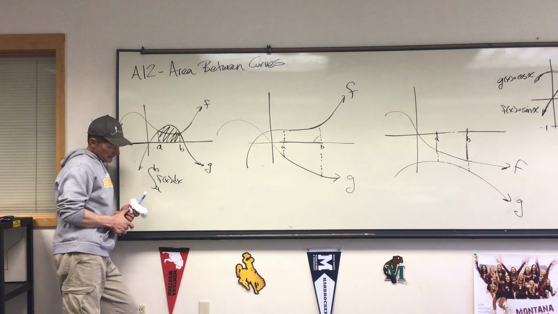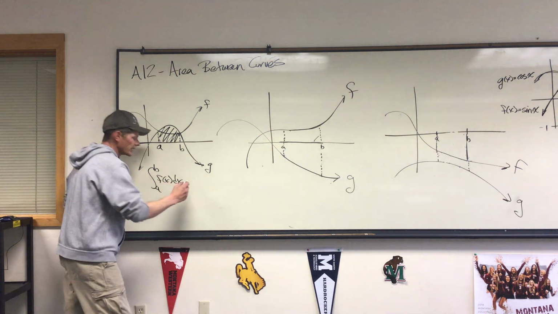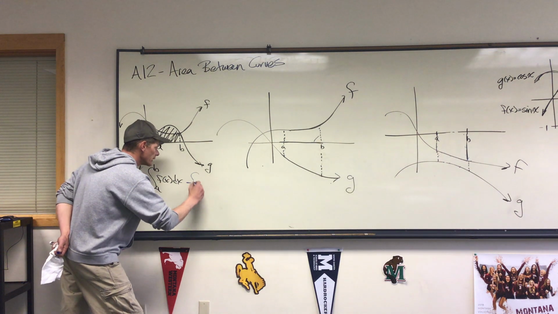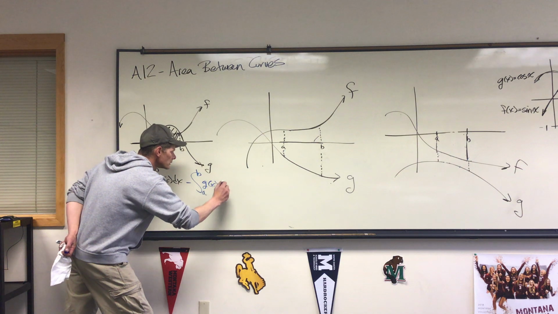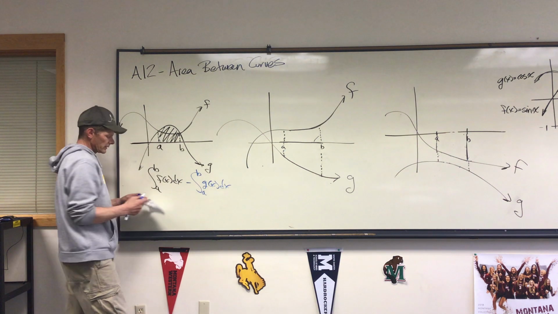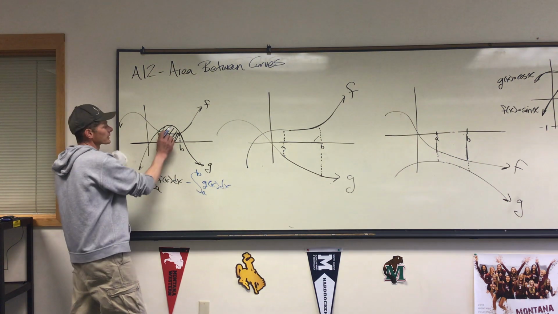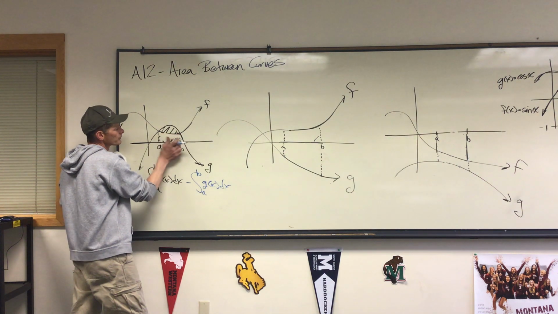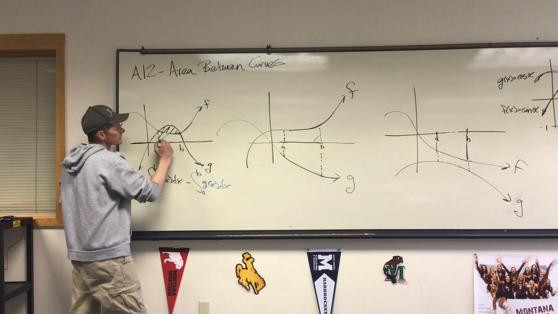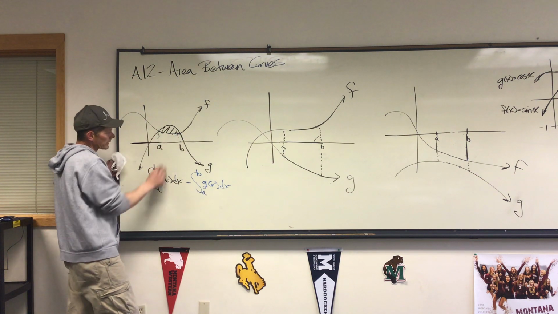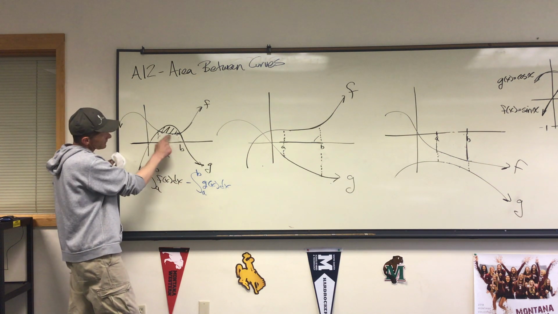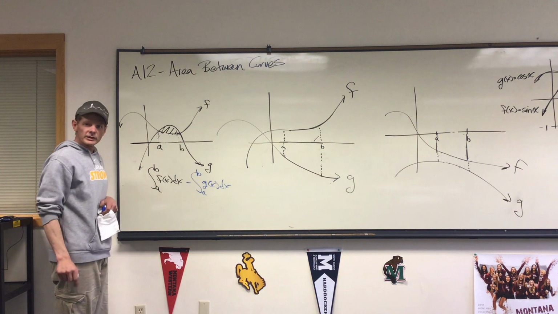And then if I subtract away the integral from a to b of g, this definite integral will give this blue piece, right? So first, we get the whole thing, then we take away this little piece, and we're left with the area beneath the curve.